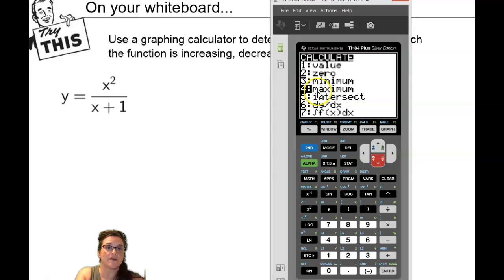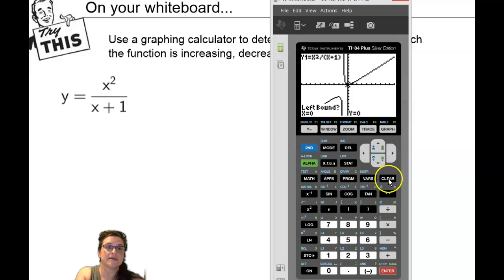I'm going to start with this maximum by arrowing down to number 4 and pressing enter, and then my left bound for this maximum looks to be probably -2, -3, let's do -3 and press enter, and then the right bound, so a point to the right of it, looks like probably somewhere on the left of -1 because -1 is my vertical asymptote.